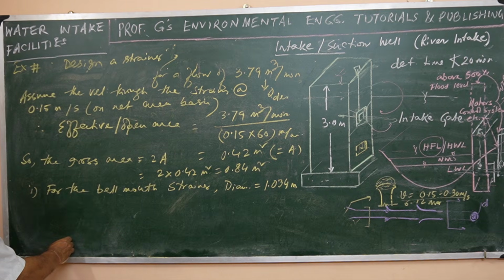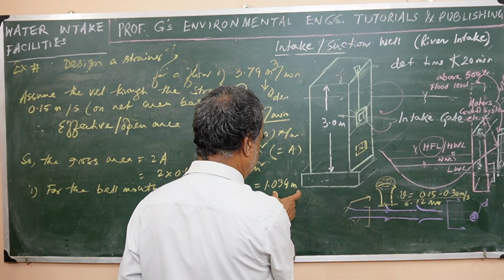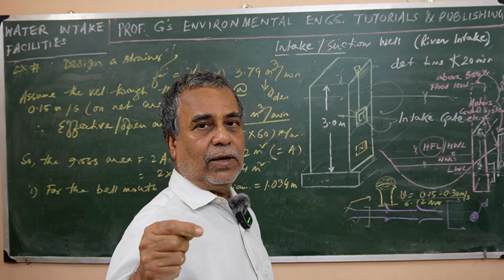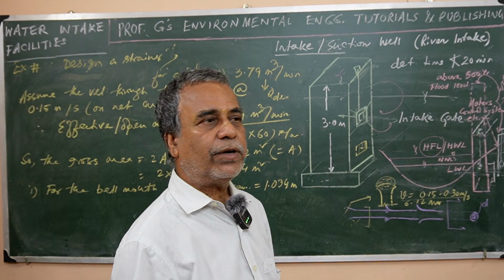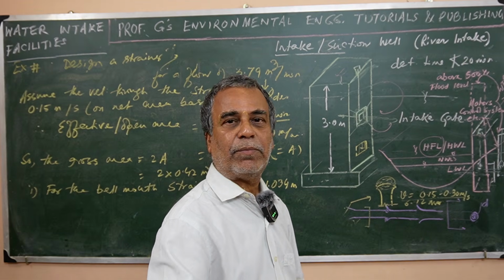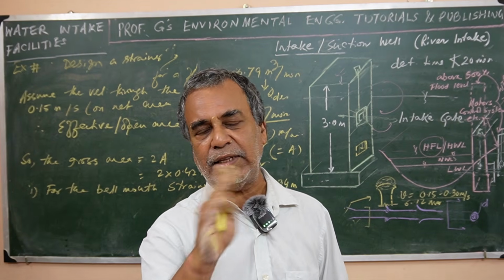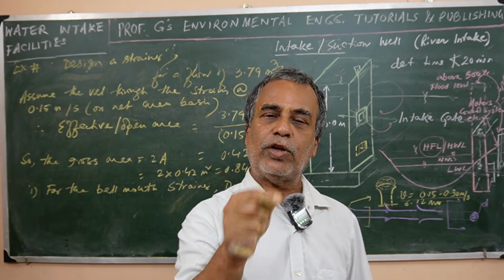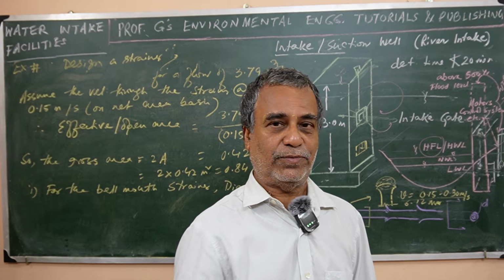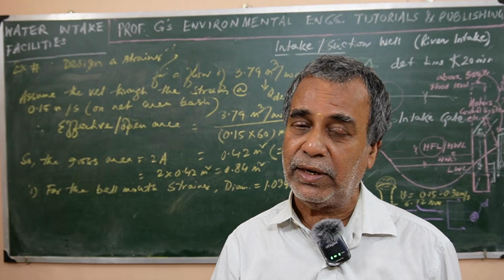So you can provide either 1000 millimeters, that is 1 meter, a little lower size, or a higher size also. The next higher size is available from the market supplier. It depends on you, and if you select a lower size, remember always you have to check back the velocity and whether it is in the recommended range or not, right? That is very important when you design or solve numerical problems.